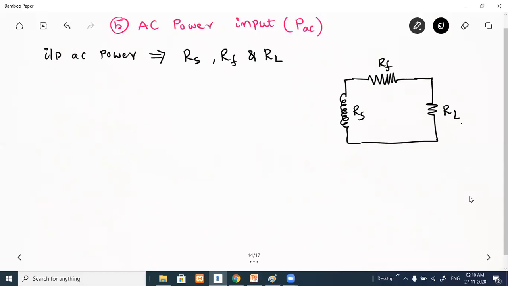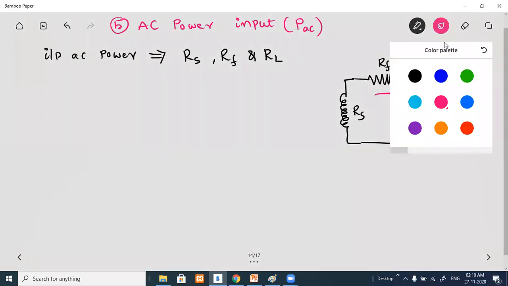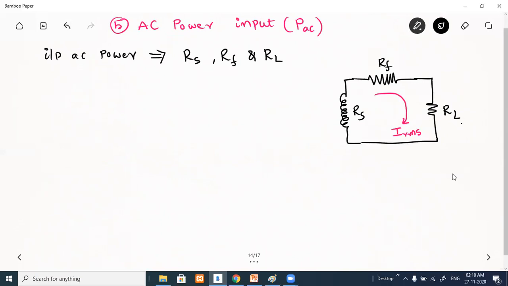So now I'm trying to calculate the AC power. I already told AC values are in general expressed in RMS. That's why I'm assuming the current flowing in this circuit is IRMS. Now our AC input power PAC is equal to I square R. Here R I am calling R equivalent, and I is IRMS.